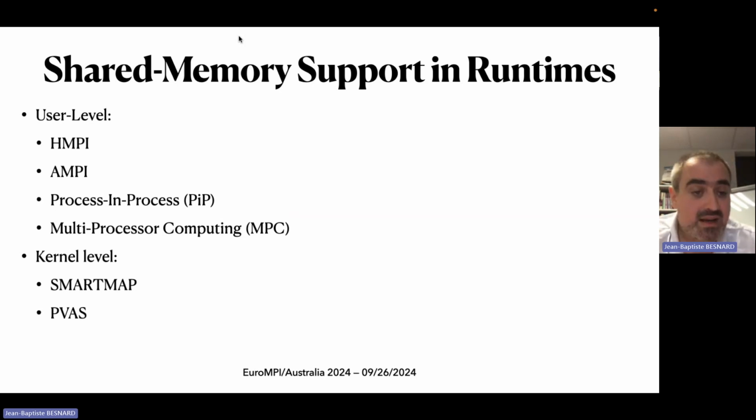On the user-level side, there is hybrid MPI, adaptive MPI running in threads, process in process, which uses DLM open to map processes also in shared address space, and eventually also MPC, which is the runtime I've been working on for the last 10 years, which maps, as I will further describe in a few slides, MPI processes in threads. There are also, and it's worth mentioning, kernel-level approaches such as SmartMap and PVAS. But let's now focus on MPC.